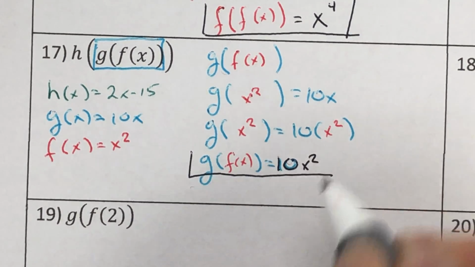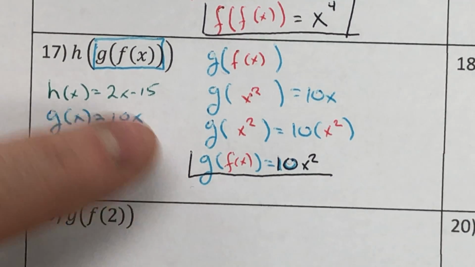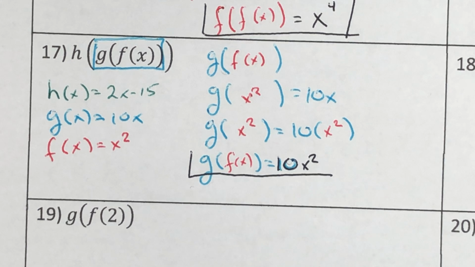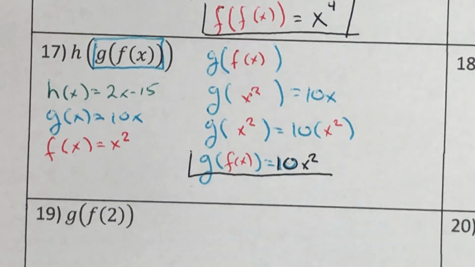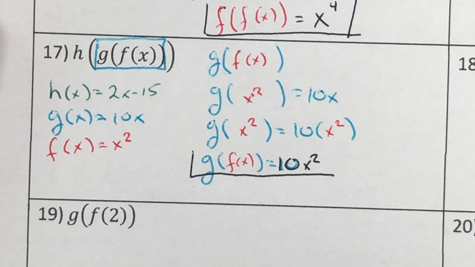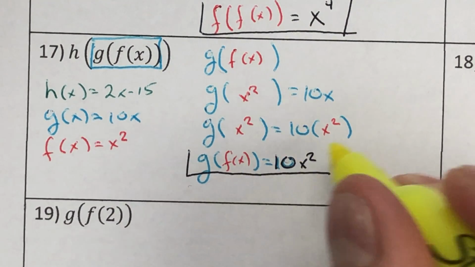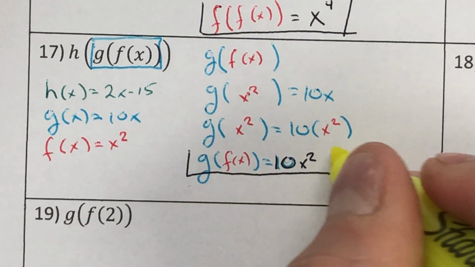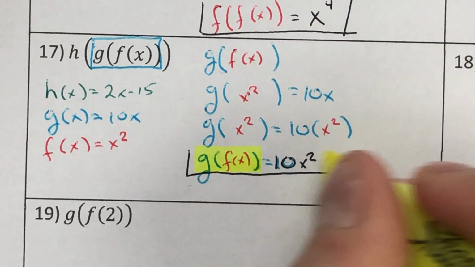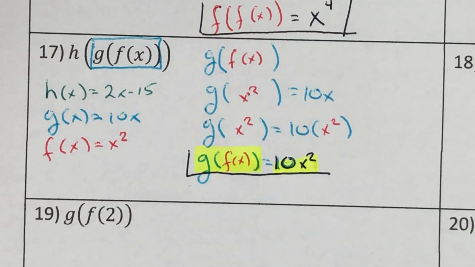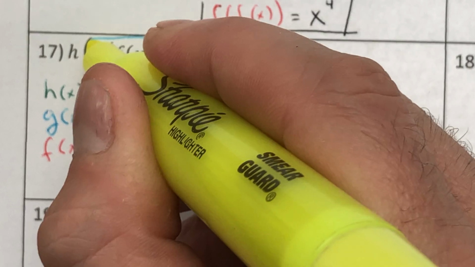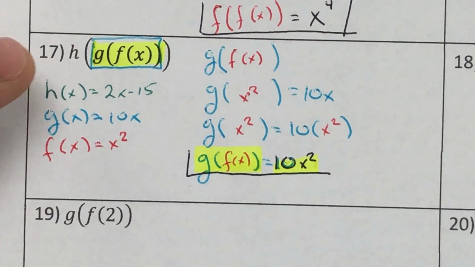Now what I'm going to do is take that and plug that into h. So let's go ahead and highlight this. Pardon the helicopter flying overhead. So what I have right now is g of f of x, let's highlight that, is the equivalent of 10x squared. So I'm going to be taking all of that and plugging it into h.